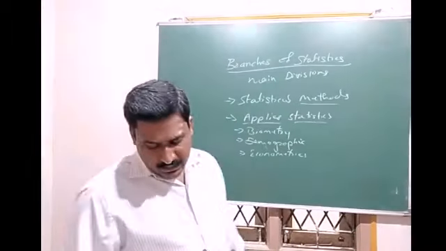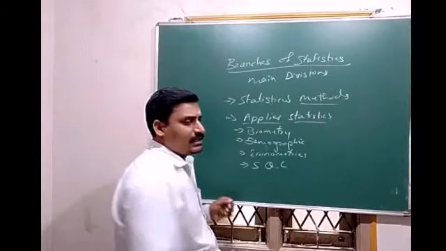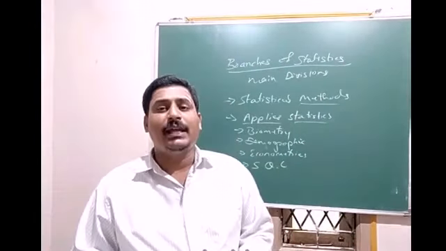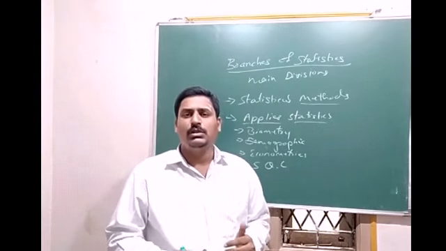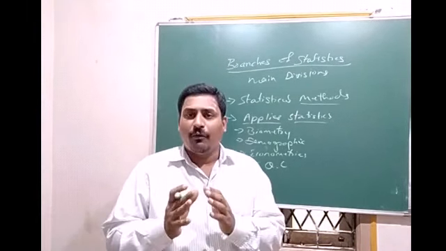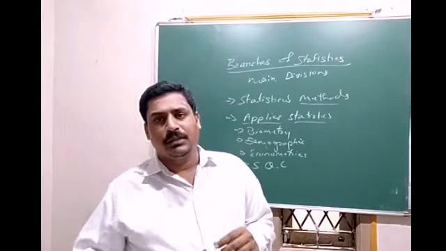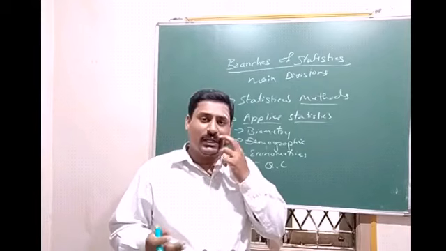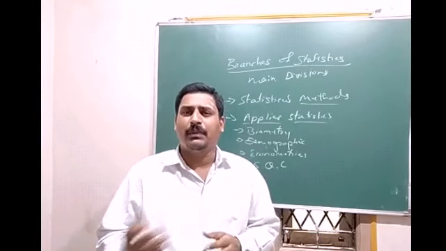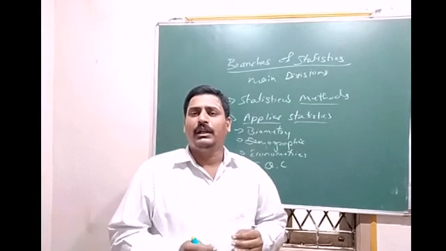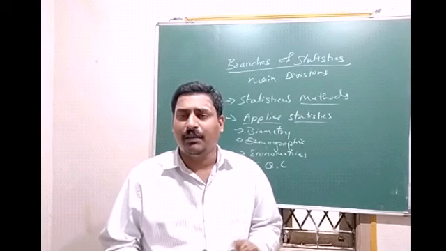Next comes statistical quality control, SQC. In the line of production, statistics is used to know whether good quality products are being produced or not, whether to continue the production process or not, or whether the produced goods are good enough in quality to supply to the market. All those things can be checked with the help of statistics.